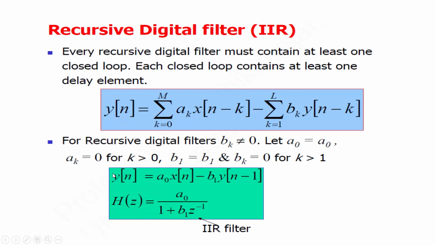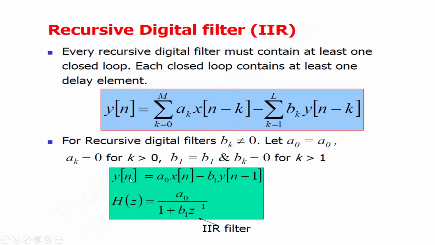So the general equation, as I have defined the specifications here, will be reduced to y(n) is equal to a0 x(n) minus b1 y(n minus 1), because all the rest of the bk's are 0 for k greater than 1.